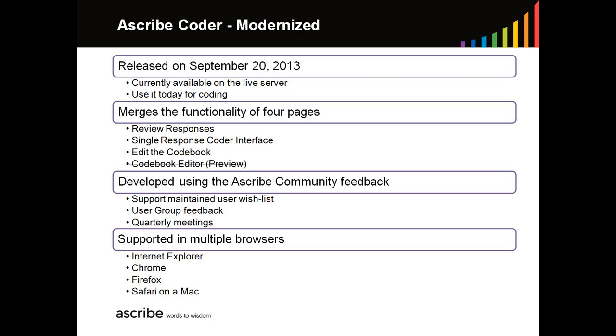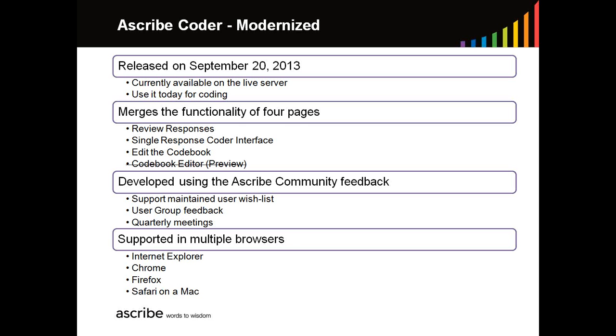Ascribe Coder was also created to be supported in multiple browsers. One of the things that our team is doing is making all of the Ascribe tools accessible through Chrome, Firefox, and Safari on a Mac, so that we're not only able to use Internet Explorer.